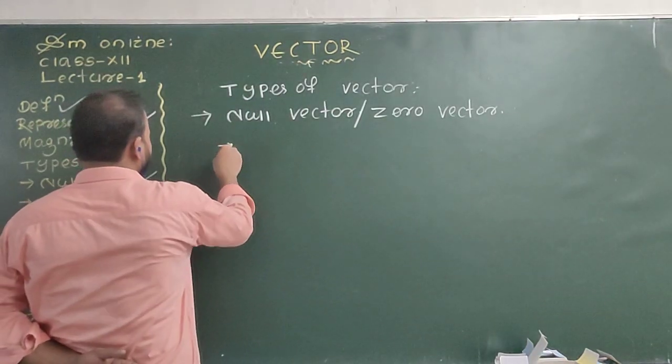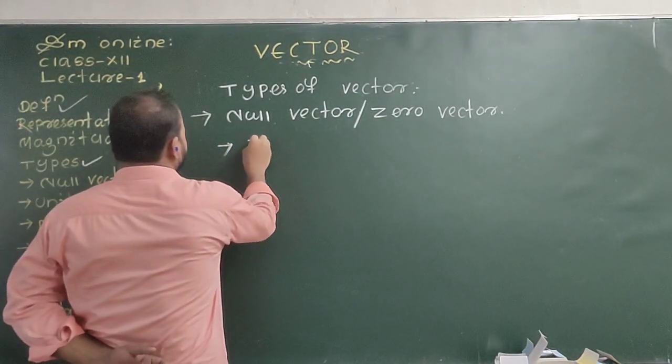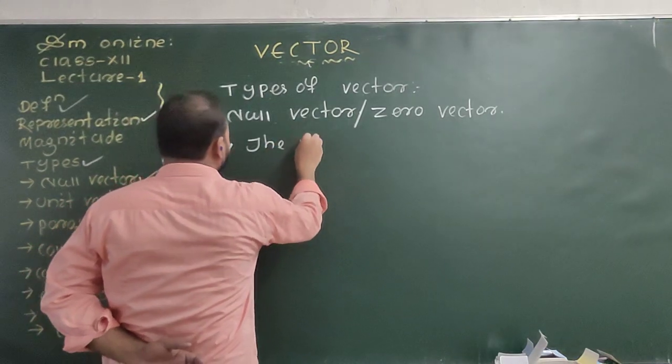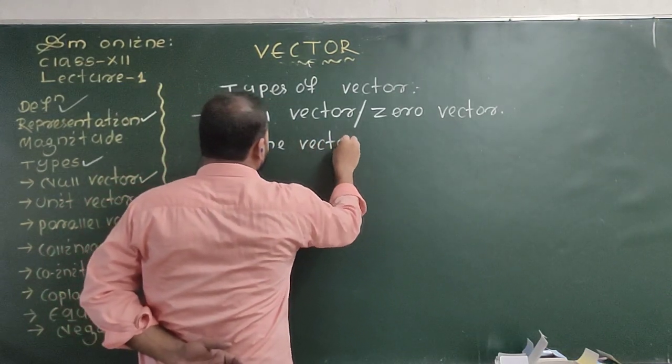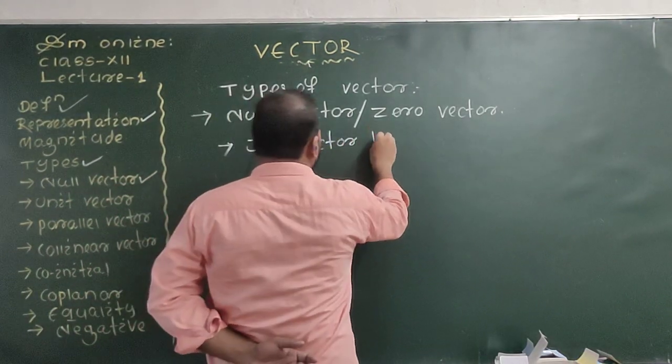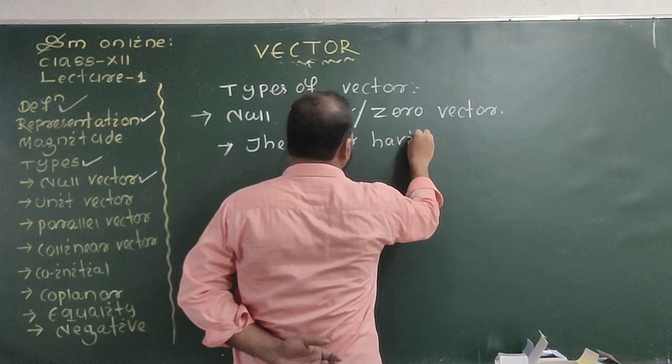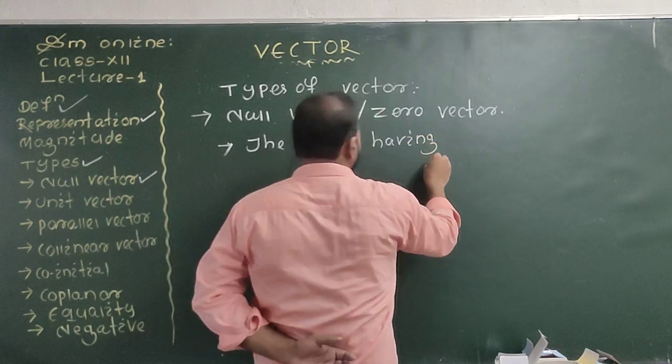First point, the vector having zero magnitude.